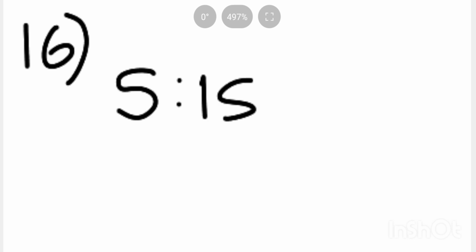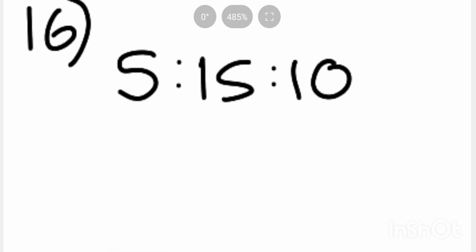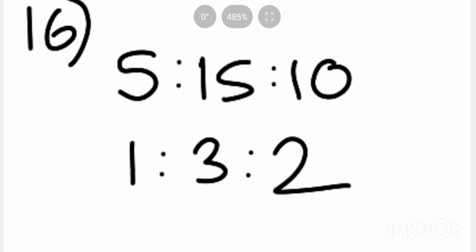So 5 numbers, 15 letters, and then there'd be 10 symbols because the total is 30 characters. And we have to simplify this ratio as much as possible. So the highest common factor is 5, so we can divide each number in this ratio by 5. So 5 divide 5 is 1, 15 divide 5 is 3, 10 divide 5 is 2. And then that's question 16.